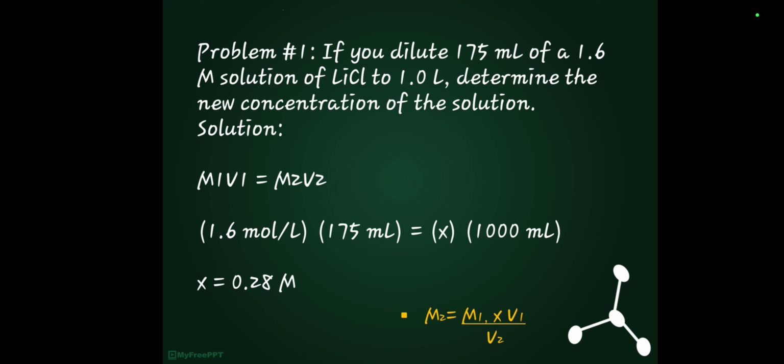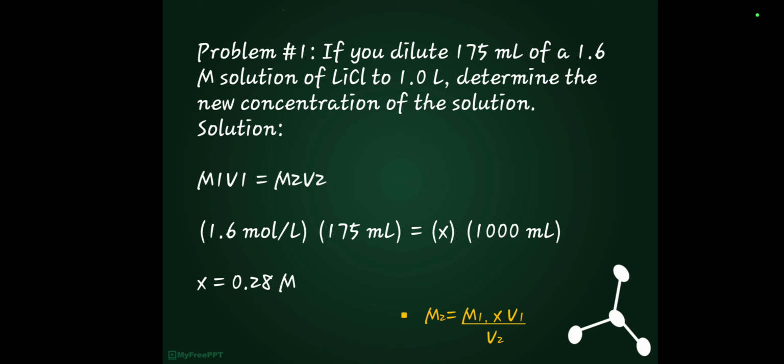Since the unknown would be molarity 2, the formula for molarity 2 equals M1 multiplied by volume 1 over volume 2. So let's start by multiplying molarity 1 and volume 1. So 1.6 moles per liter multiplied by 175 mL equals 280.